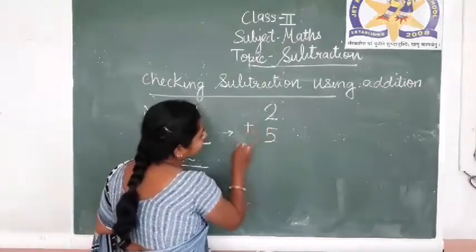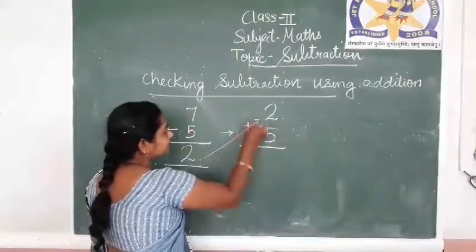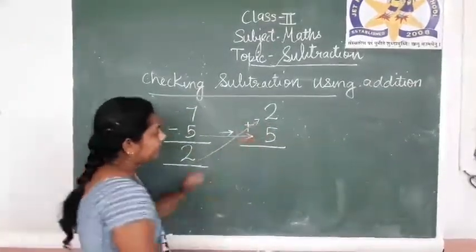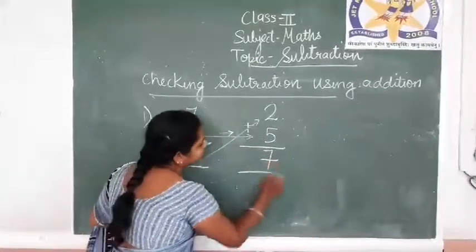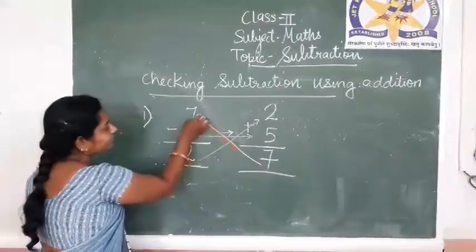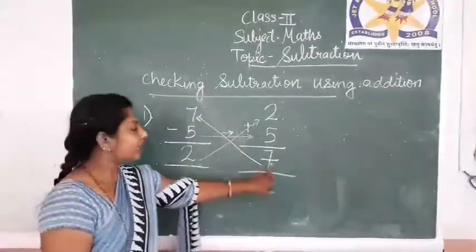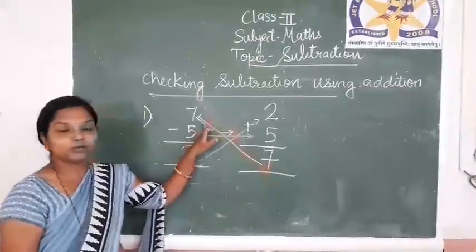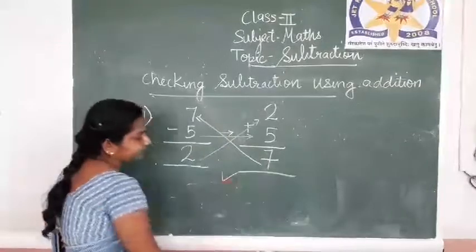Add these two numbers. 2 plus 5. 2 means the difference and 5 means the subtrahend. 2 plus 5, it is 7. I got the answer 7. If this 7 is equal to the minuend, if both the numbers are same, that means my answer is right.